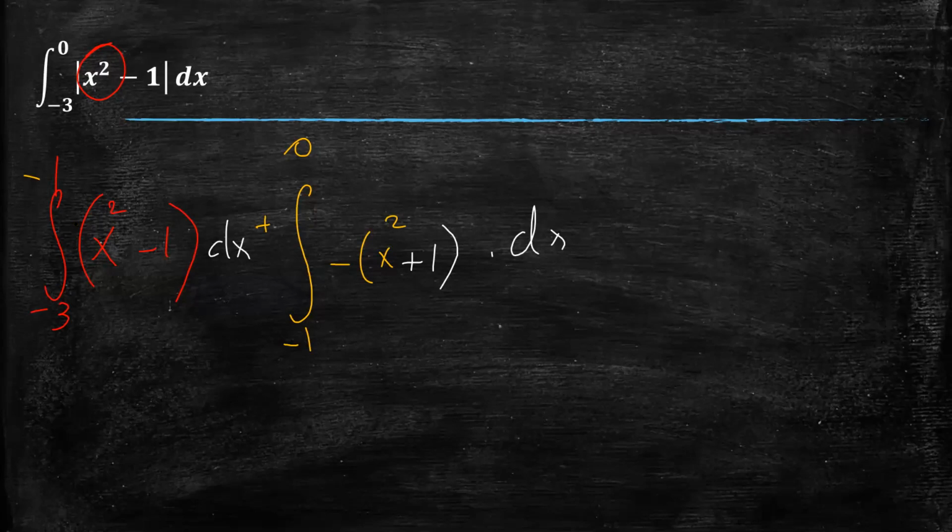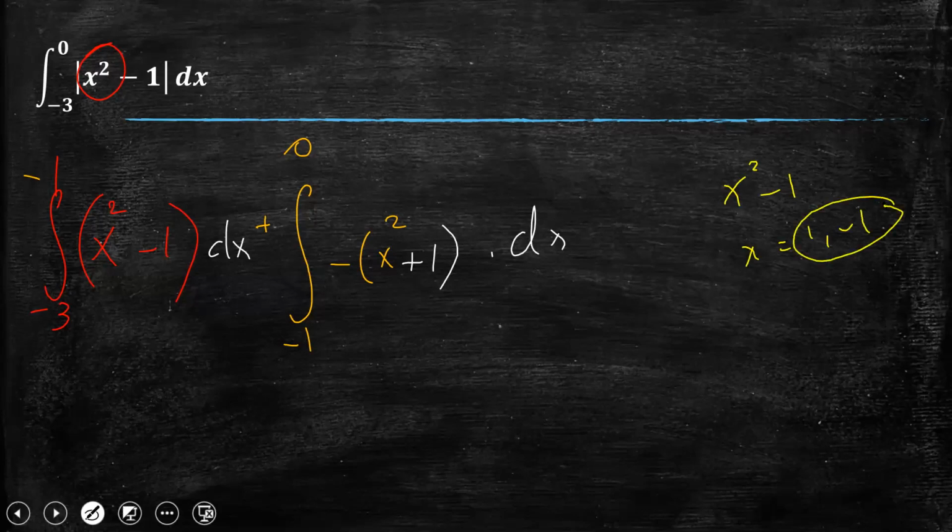Why did you make it from -3 to -1? Why, when we solved the zeros of the function here as 1 and negative 1? Okay, so you put the zeros here as negative 1 and 1, the zeros of my expression. Now from negative 3 to 0, this is my interval.